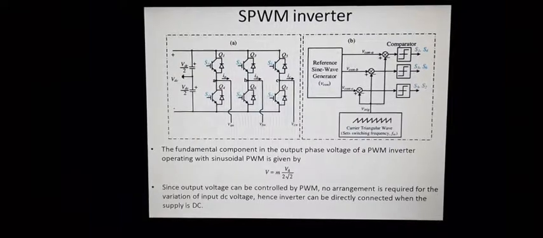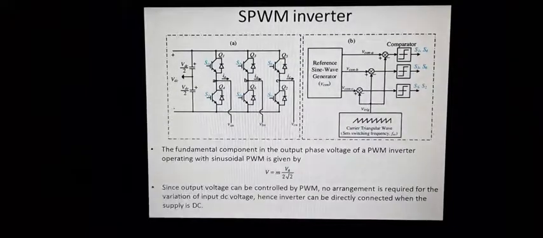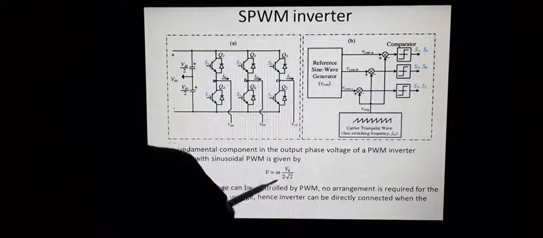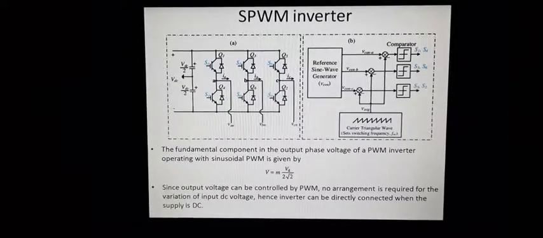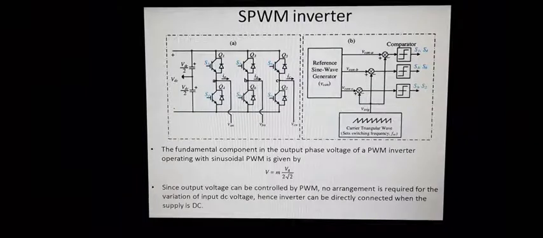See the relation of the inverter output. Here VD is the DC input voltage, let that be fixed. By just varying the value of M, the modulation index, you will be able to achieve a variable AC output voltage. So you don't have to provide a separate arrangement to get a variable DC at the input side to obtain variable AC at the output side.